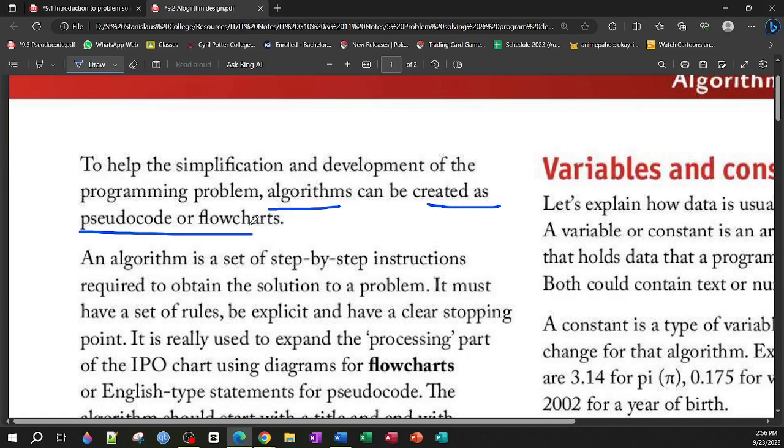Now, as we read here in this paragraph, we can represent our algorithm as either pseudocode or flowcharts. These are two different ways of representing the algorithm. And these actually have rules and guidelines that you must follow.